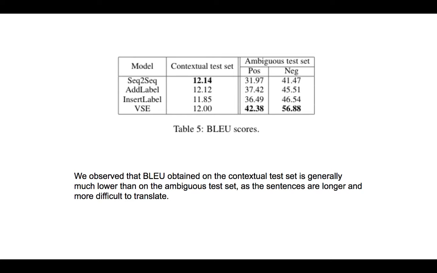So it actually means our methods will not affect the model performance on the case where the sentence already has a sentiment-bearing context. Yeah, and we observe that the BLEU score on the contextual test set is generally much lower than the ambiguous test set, and the main reason is that the sentences in the contextual test set are much longer and more difficult to translate.